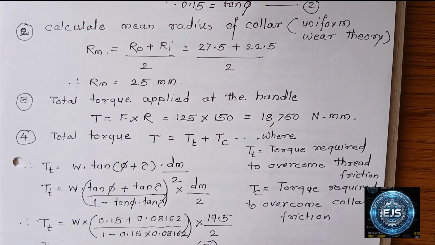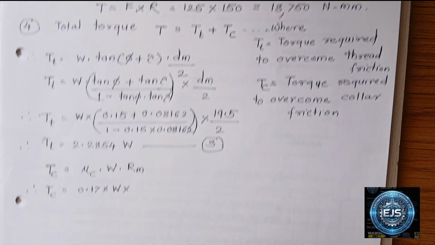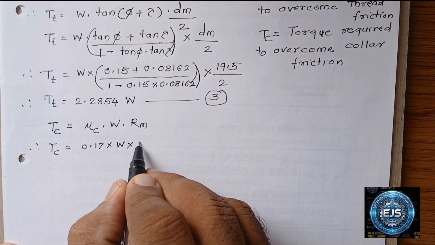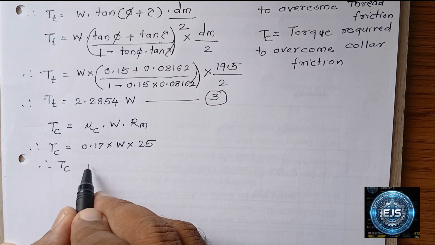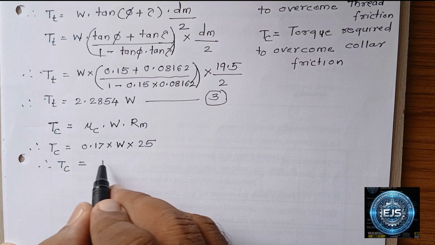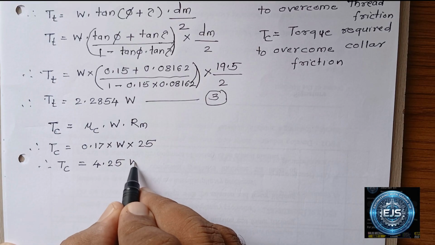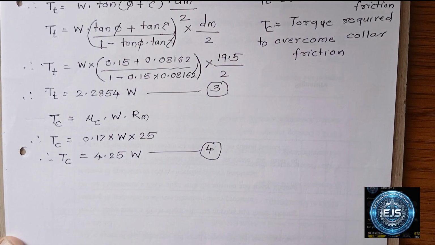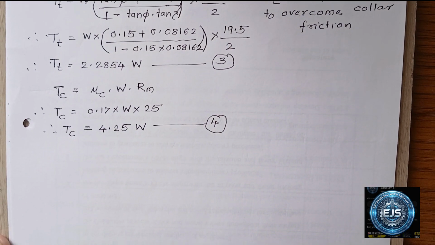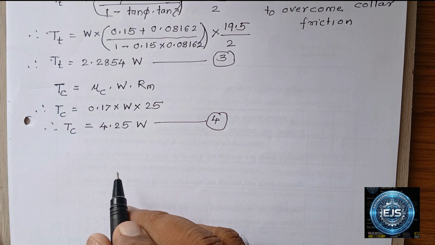As per uniform wear theory, it is (Ro + Ri) divided by 2, that is 25 mm, so we take this value for the calculation. So TC comes out to 4.25 times W. W is the clamping force exerted by the moving jaw in the forward direction.